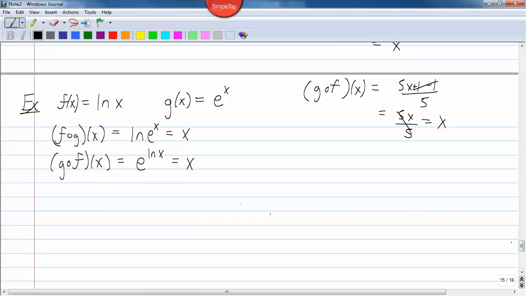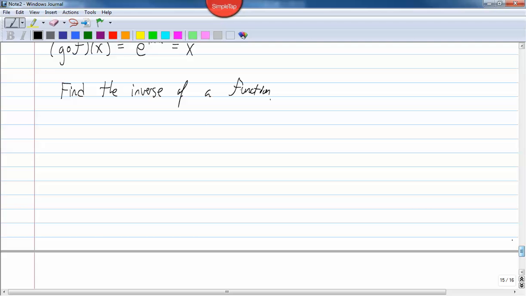Okay? But how do I find the inverse of a function? Finding the inverse of a function takes 4 steps. The third step is usually the longest.